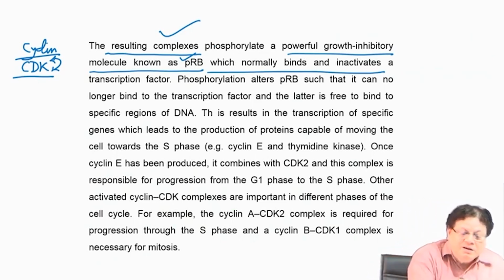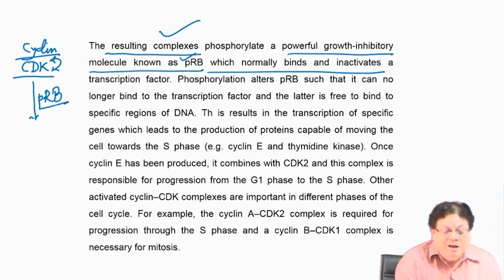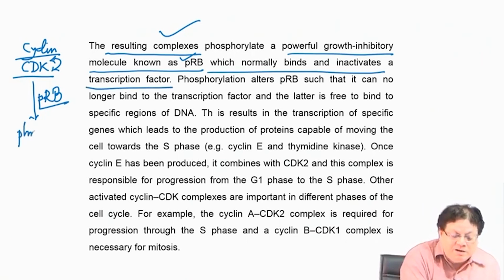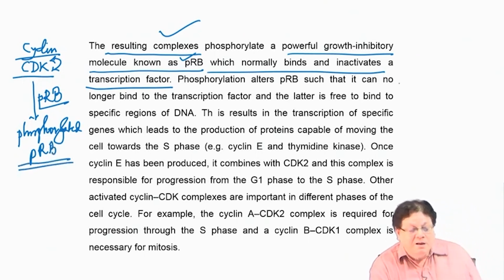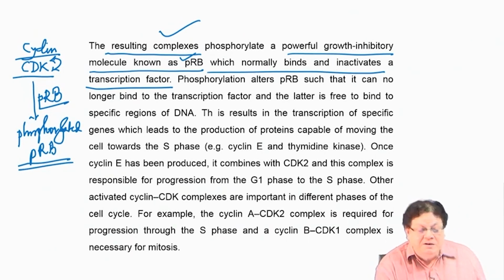Try to understand: cyclin CDK complex, and then there is a powerful growth inhibitory factor called PRB, that is a protein. So that becomes phosphorylated. This phosphorylated PRB binds and inactivates the transcription factor, which is necessary for the transcription. That means the growth will be inhibited if the PRB is phosphorylated.